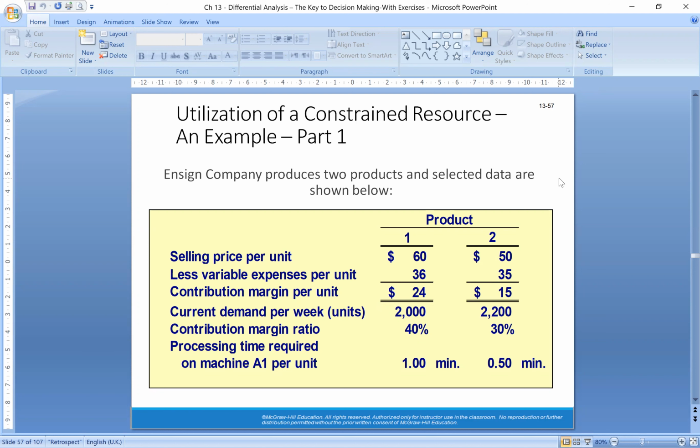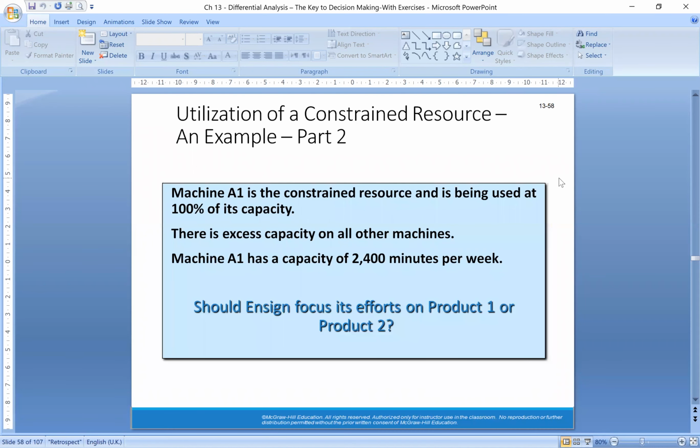Processing time required on machine A1 per 1 unit is 1 minute for product 1, half a minute for product 2. Now, our question is, we do have a limited resource. Machine A1 is a constrained resource and is being used at 100% of its capacity.